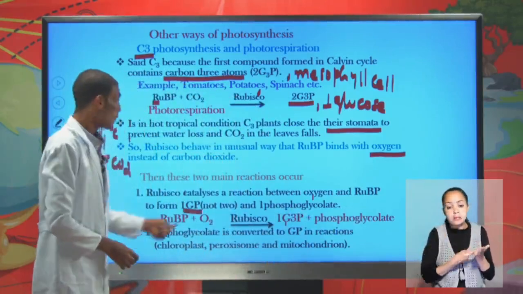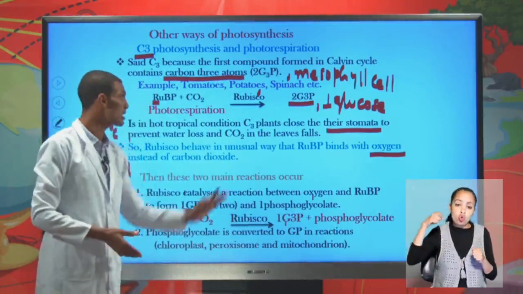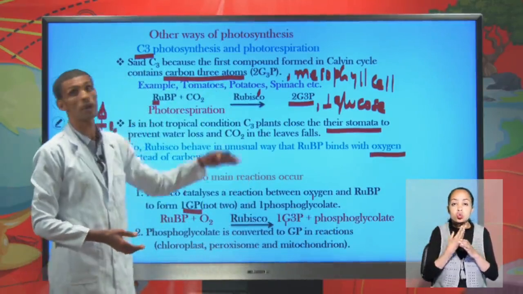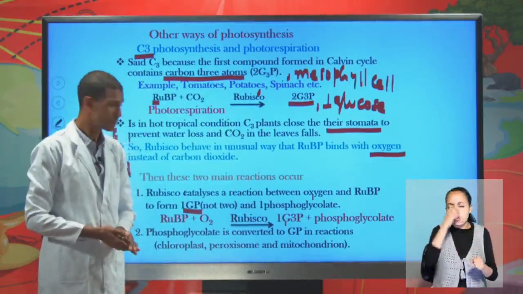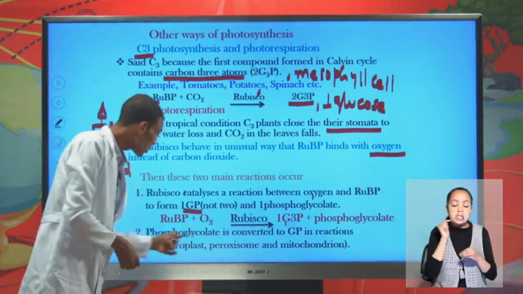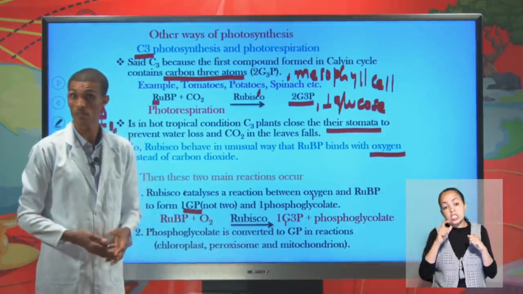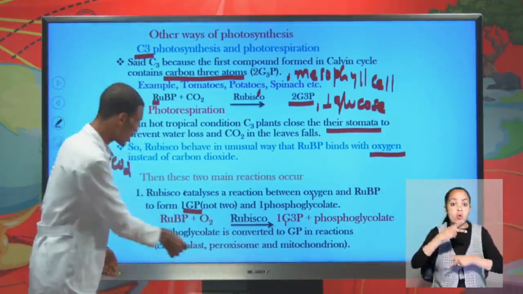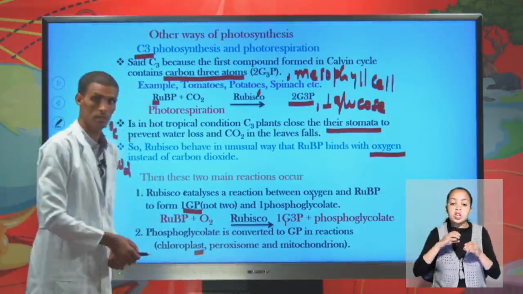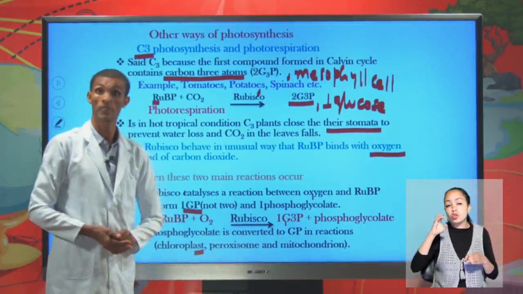Here, the plant must not stop the synthesis of glucose, which is the source of energy, the source of diet for other organisms that pass along the food chain. So phosphoglycolate must be converted into glycerate-3-phosphate in a process involving the chloroplast, peroxisome, and mitochondria consecutively.